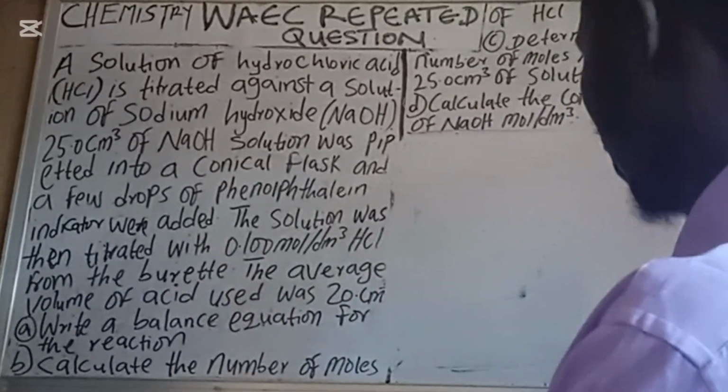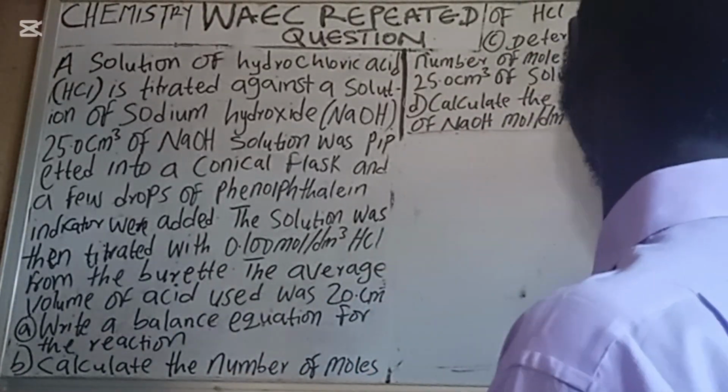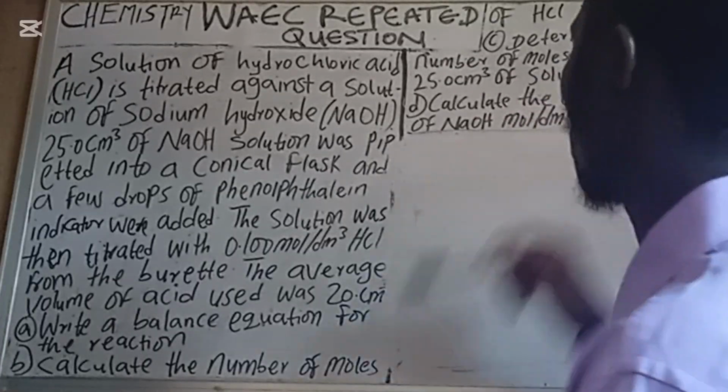The next question is question C. Question C says determine the number of moles of sodium hydroxide in 25 cm³ of solution.